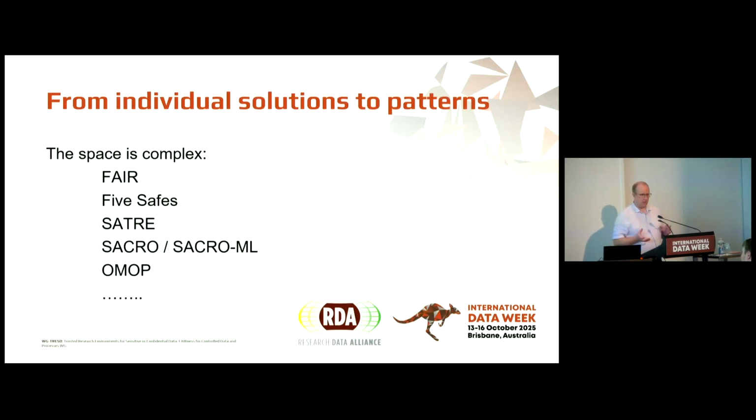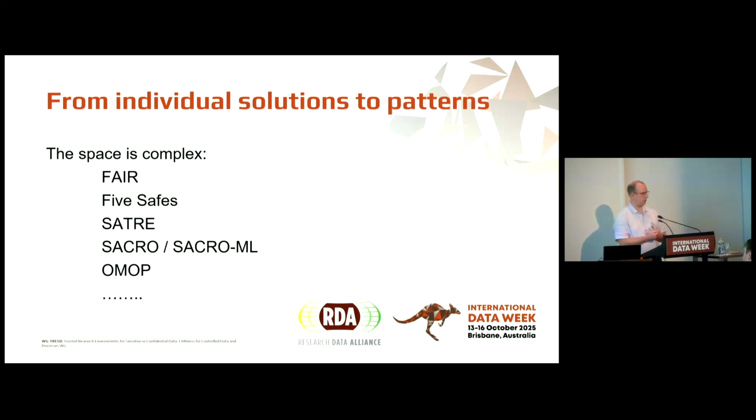So aside from all the technical challenges that are out there, there are also lots of pressures on TREs to be federated. We want you all to be working together, but then you all should be FAIR. You should all have 5 safes. You should be compliant with SACRO, which is the specification around how to be a TRE.